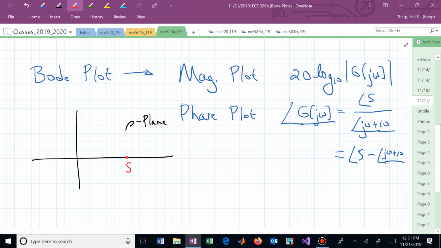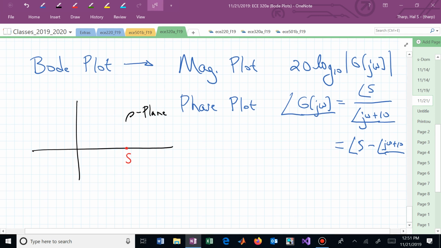There's no angle. It's 0. And the other one, we have a pole over here at minus 10. Now as we change omega, there's the angle at omega 1, and we could evaluate that, and since it's in the denominator, we are actually subtracting that in our sketch.